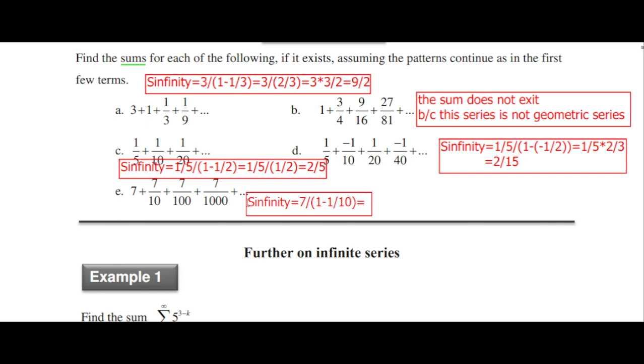This is equal to 7 over 1 minus 1 over 10, which is 9 over 10. This is equal to 7 divided by 9 over 10, which means 7 times 10 over 9, so 70 over 9. This is the sum for this infinite geometric series.